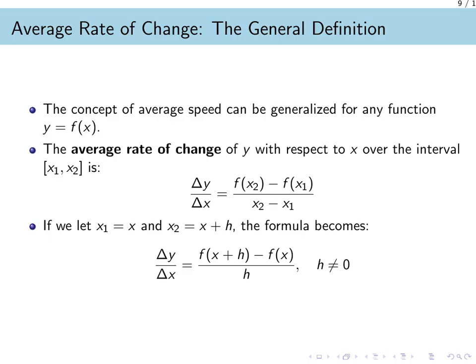This gives us the equivalent and very common formula, f of the quantity x plus h minus f of x, all divided by h, where h cannot be zero. Think of this like calculating average speed. If you travel 120 miles in 2 hours, your average rate is 60 miles per hour. What this formula really gives you is the slope of the straight line connecting 2 points on the function's graph.